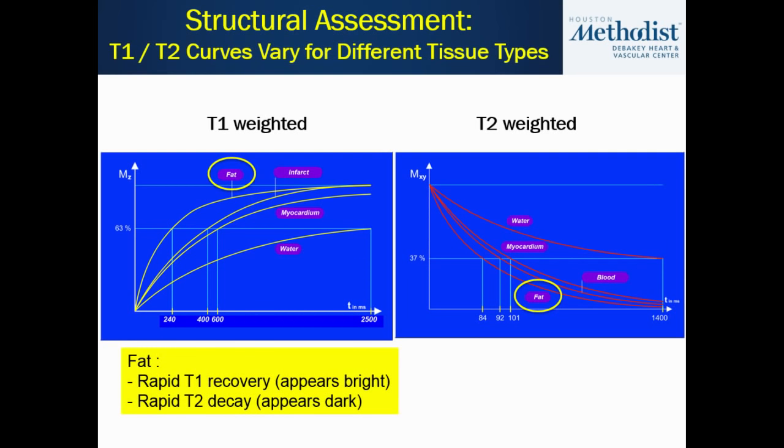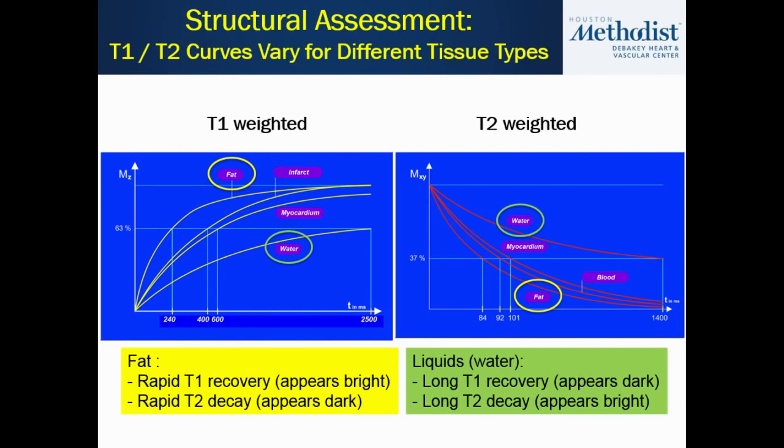The key point is, fat in T1 images tends to have a very rapid recovery, therefore it appears bright, whereas in T2-weighted images, it decays very rapidly, and so it appears dark.